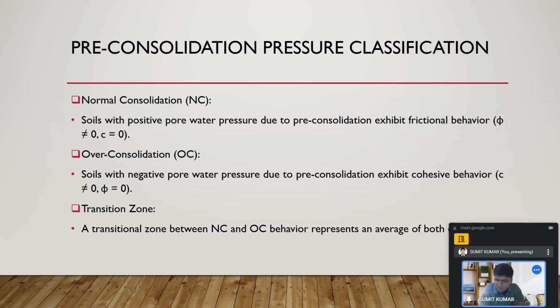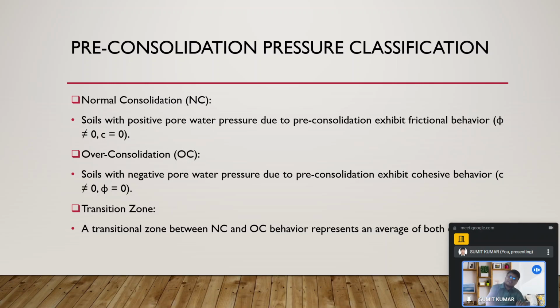While, on the other hand, if we take the aspects of the over-consolidated soil, the negative pore water pressure due to pre-consolidation exhibits the cohesive behavior. Hence, in these cases, c is not equal to 0 and phi equals 0.